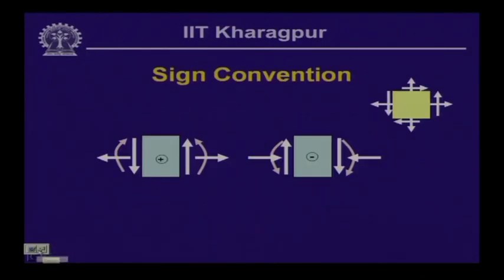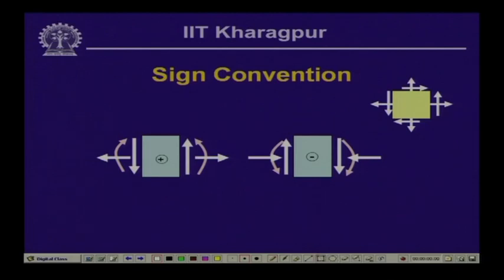If you remember, when we dealt with stresses, we looked at a two dimensional element of a rectangular or square configuration. Here the stress resultant acting in the positive x direction we have called positive.